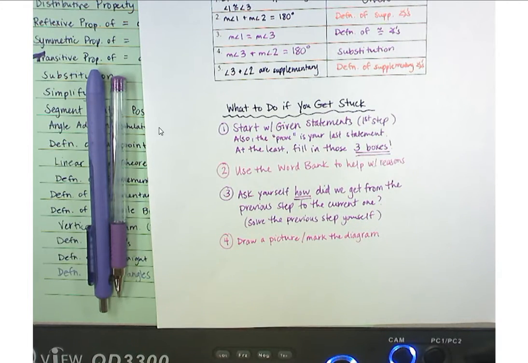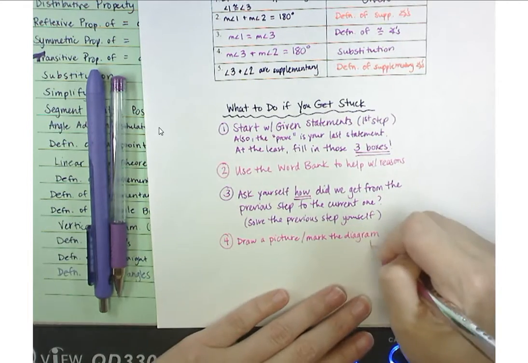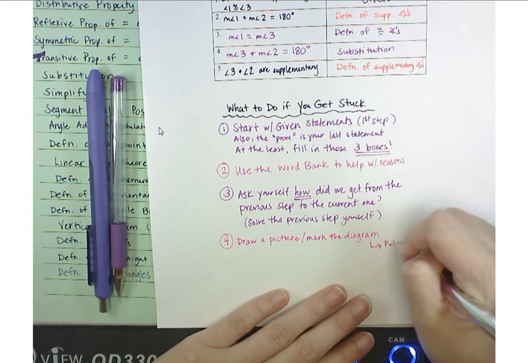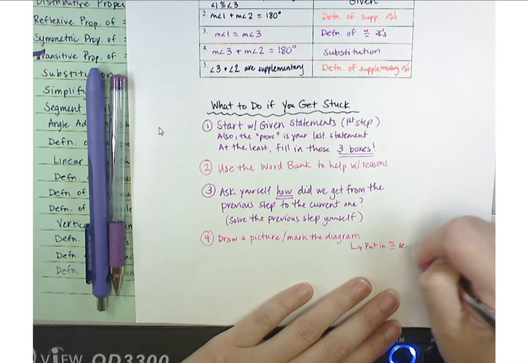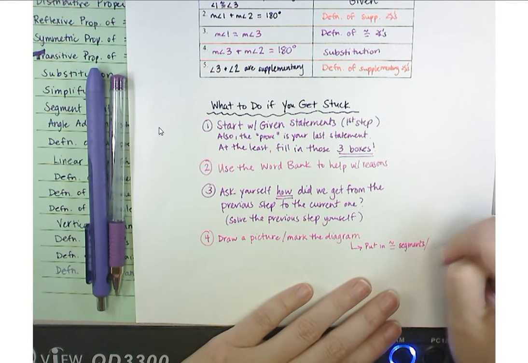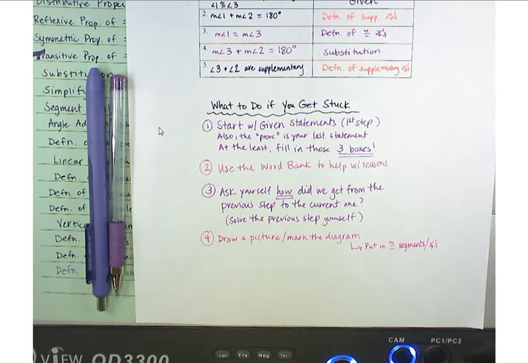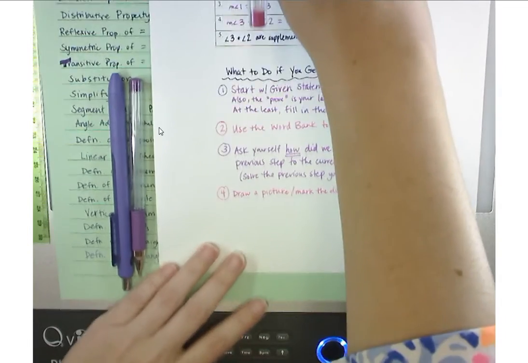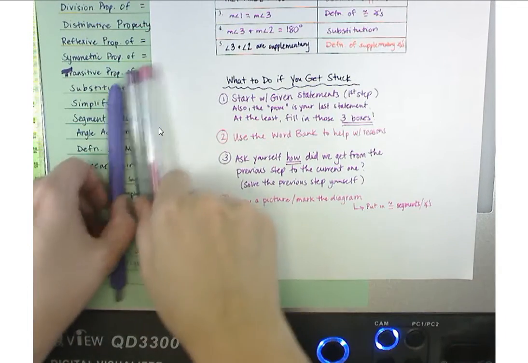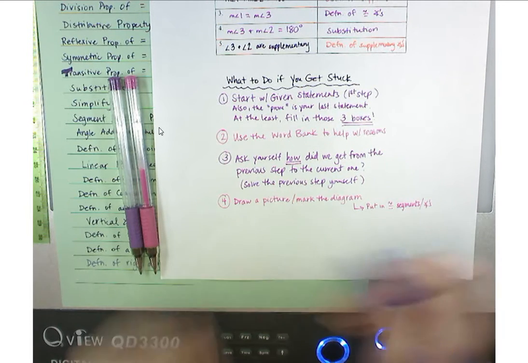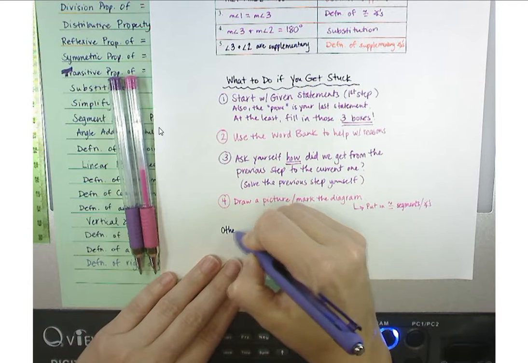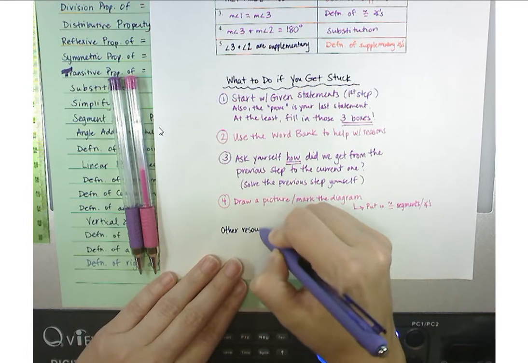When I say mark the diagram, what I mean is put in congruent segments or angles. So mark those off so that you can see them. So if you get stuck, try those 4 steps. If you're still lost, let's talk about some other resources.